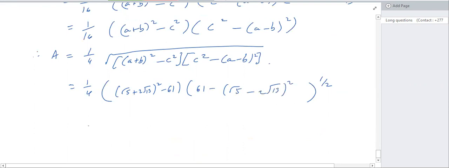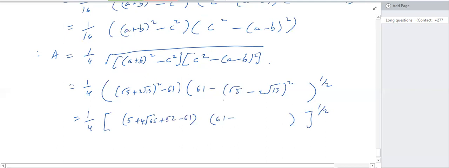So what we have is quarter into, let us open this part, in two brackets like this to the power half. So we have 5 plus 4 root 13 times root 5, which is square root of 65, plus 4 times 13, squaring this, will give me 52, minus 61.